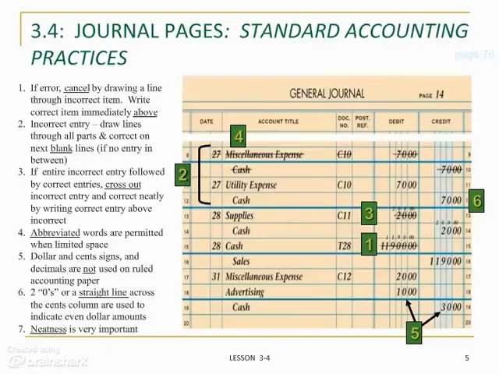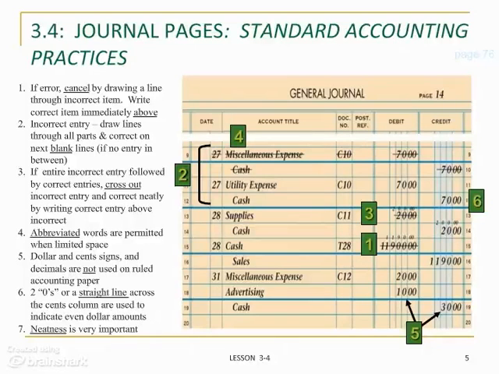If an entire entry is incorrect followed by correct entries, then what we would do is cross out the incorrect entry and correct it neatly by writing the correct entry directly above it.